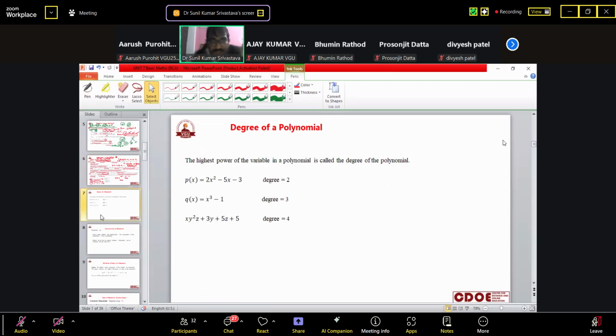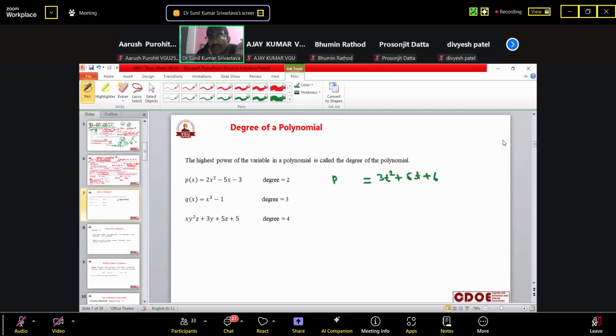Now understand here. First of all, we have an expression 3t square plus 5t plus 6. This is a polynomial expression in the variable t.